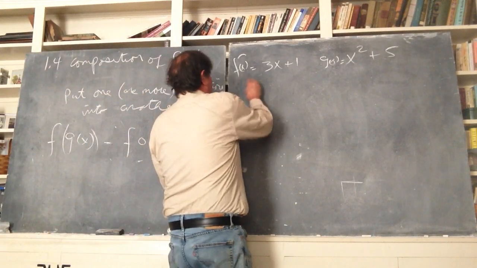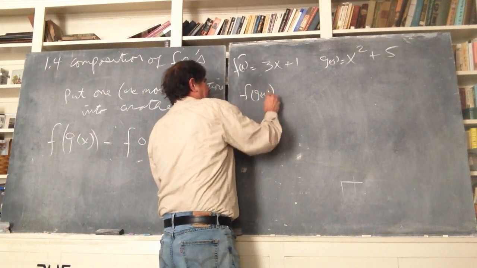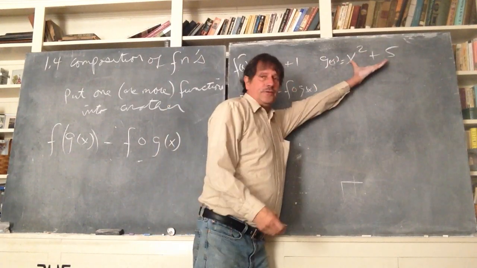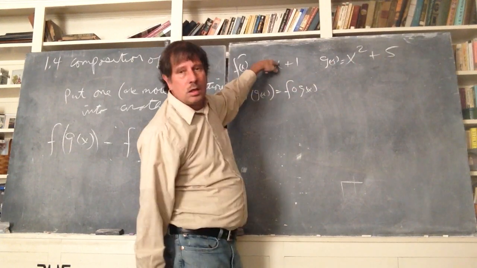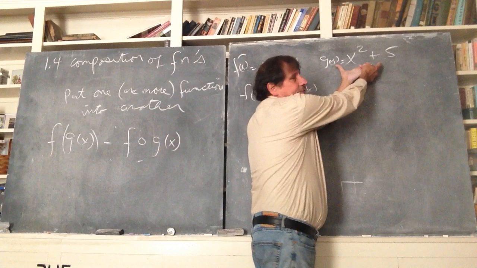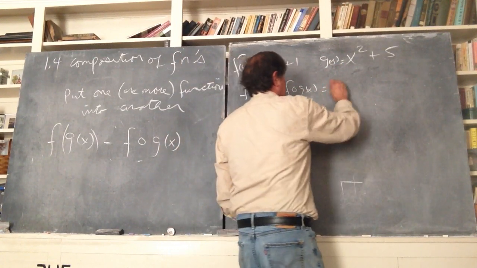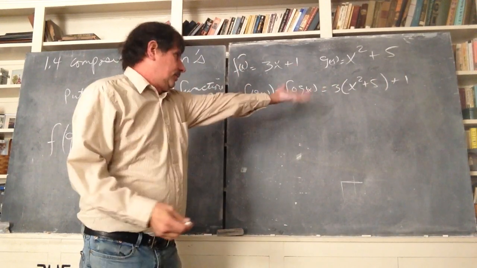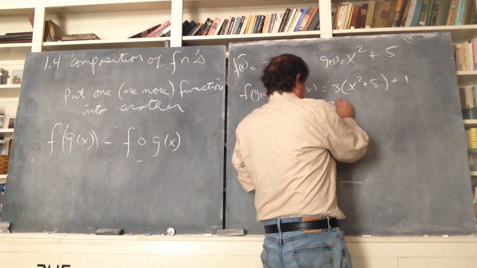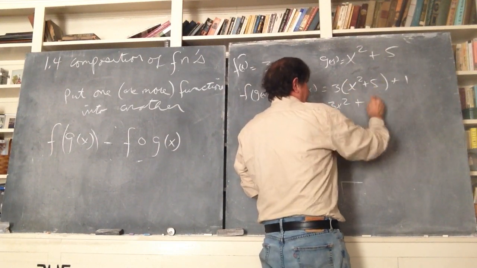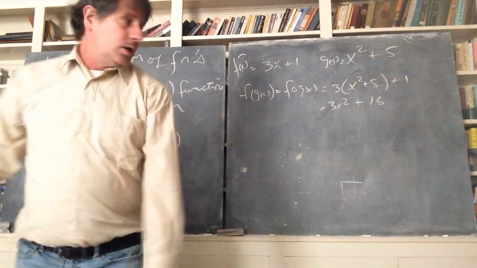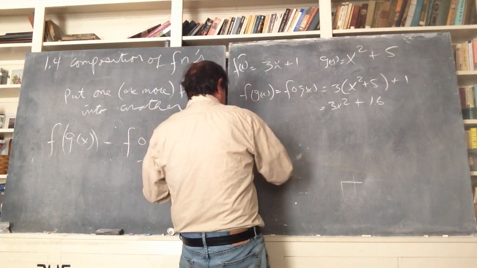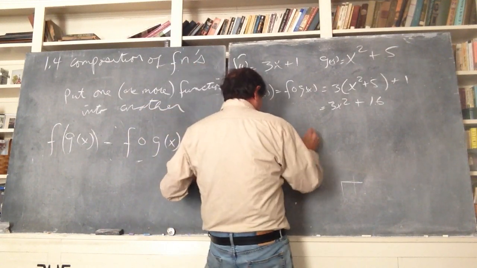We can do f at g at x, which, like I say, in our notation, f∘g at x means I'm putting this function right there. So this is 3 times x squared plus 5, plus 1. And then you do some algebra, which is 3x squared plus 15 plus 1. There you go, f∘g at x. Whereas you can do it the other way, of course, g at f at x, which is g∘f.